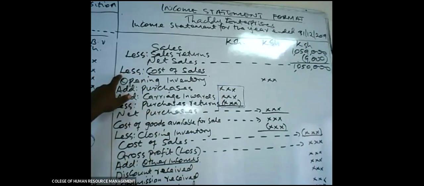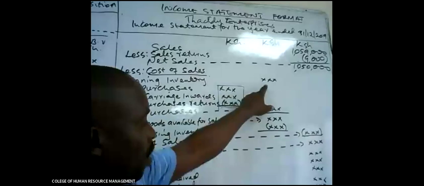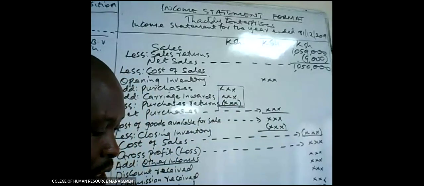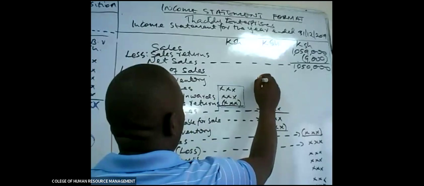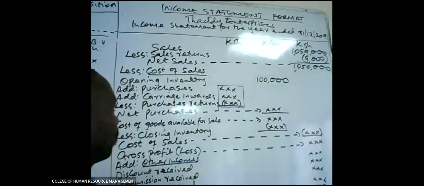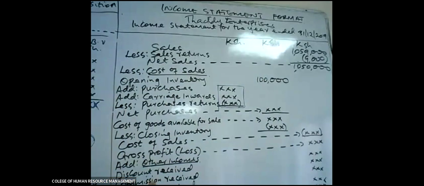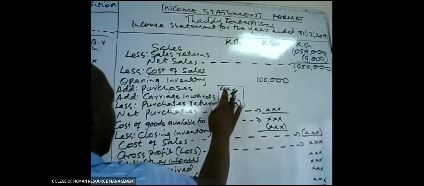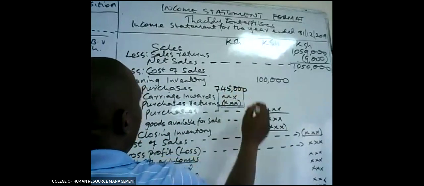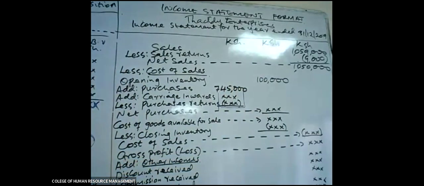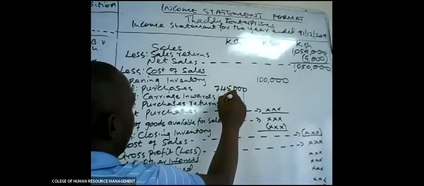Then we now determine the cost of sales by first of all capturing the opening inventory. The inventory that is dated 1st January is the opening. The year started 1st January, 100,000. We add purchases. The purchases from the question is 745,000. Then carriage inwards, it is given there as 10,000.